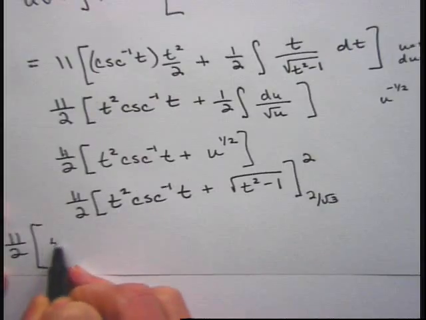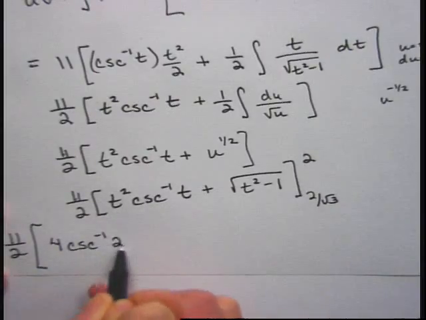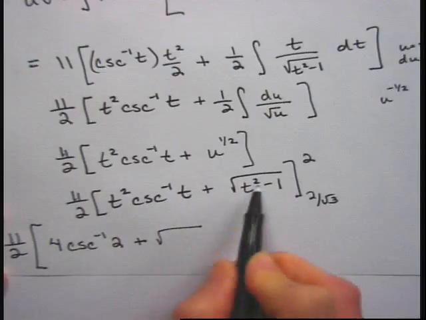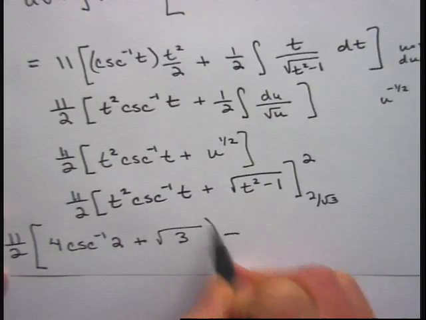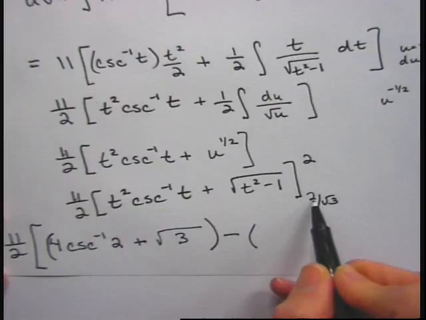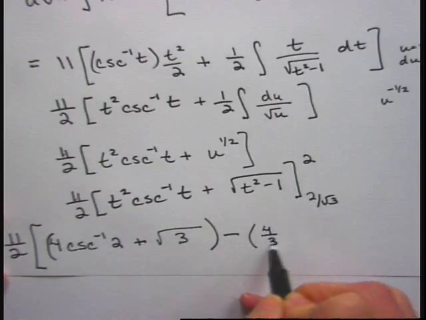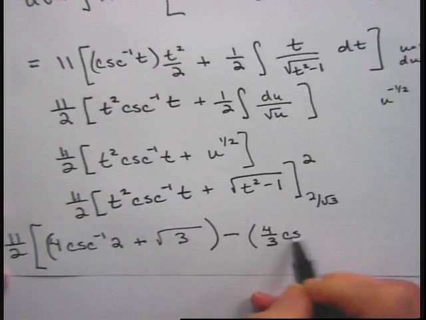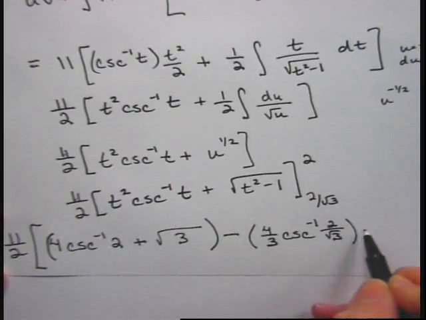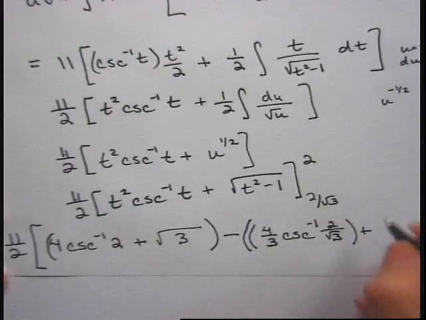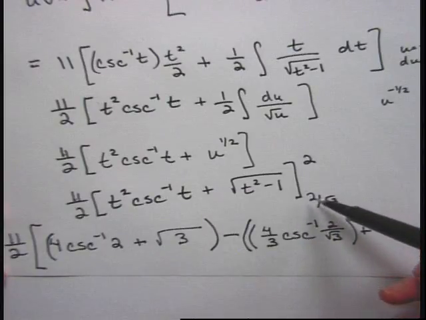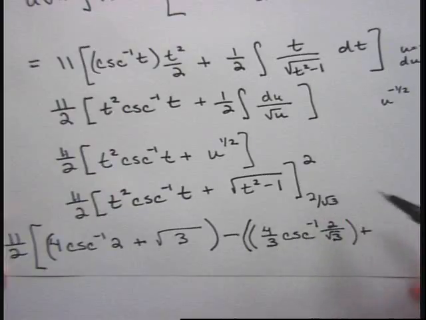This is going to be 4 inverse cosecant of 2, plus the square root of 3, because it's 2 squared minus 1, minus, when this is 4/3 when you square it, inverse cosecant of 2 over the square root of 3, plus, okay, this squared is 4/3 minus 1, which is 1/3.